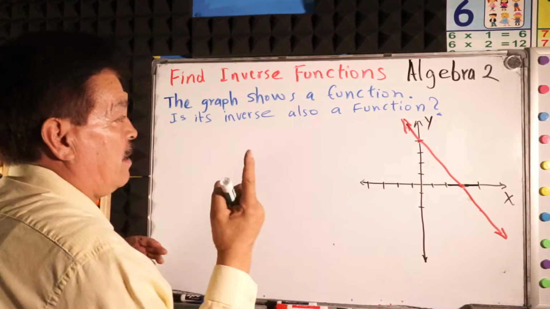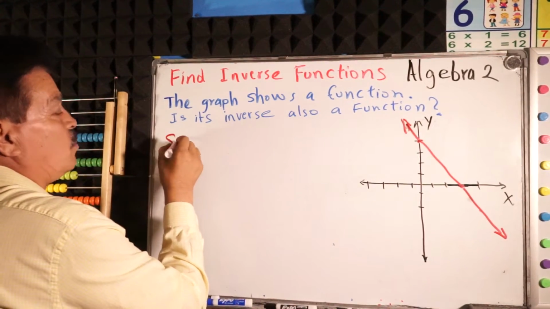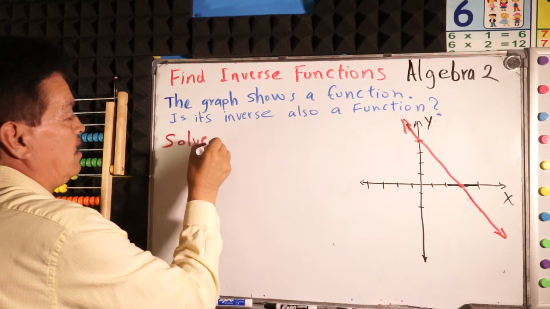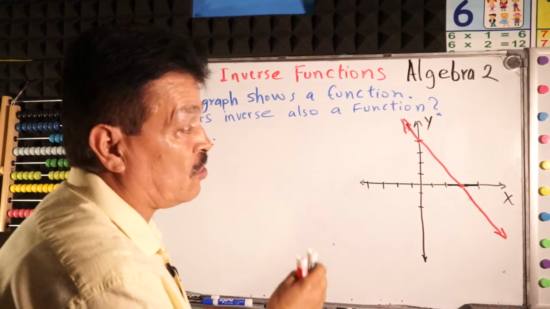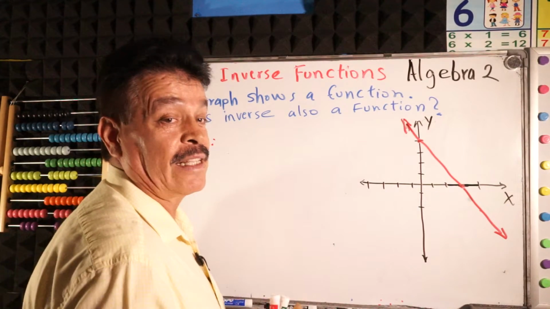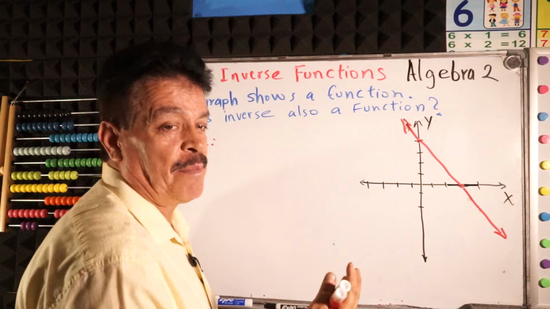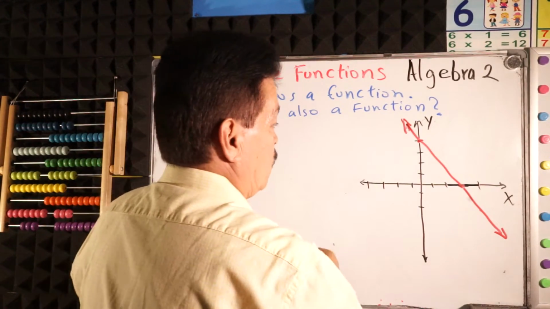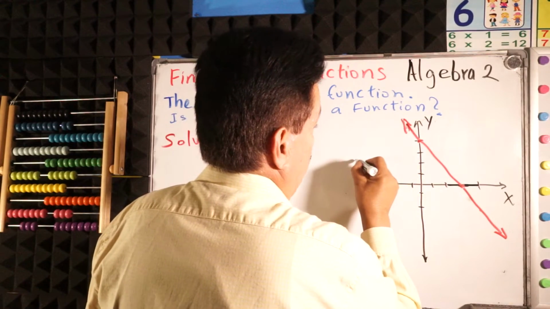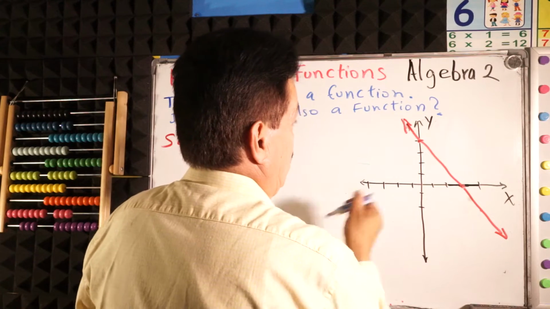How do we solve our problem? I would like to give you some steps. Since no horizontal line intersects the function in more than 1 point, its inverse is a function. Let me draw a horizontal line, for instance right here with this marker.